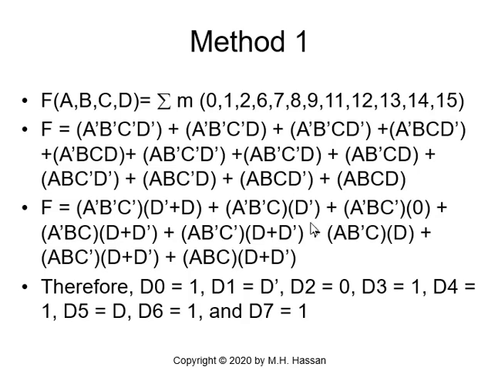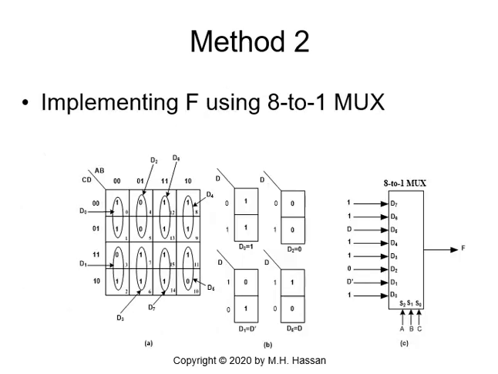And so on and so forth. So we can find D0 will be 1, D1 will be D prime, D2 will be 0, D3 will be 1, D4 will be 1, D5 will be D, D6 will be 1, and D7 will be 1, because D plus D prime is 1. Okay, so once we have this, we can have the answer.